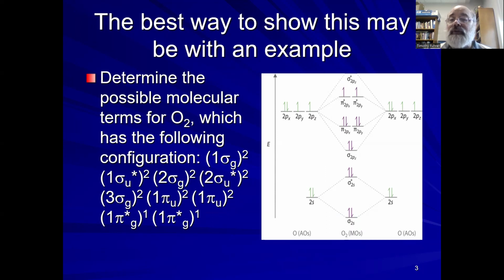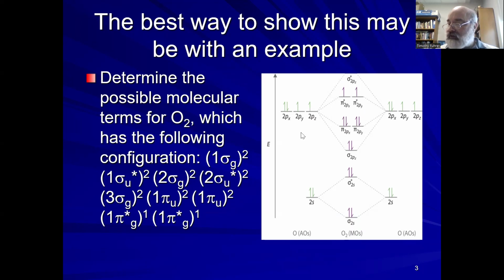I'm sorry, we're dealing with an S equals 1 situation, and 2 times 1 plus 1 is 3. So this is a triplet state, and this is going to be a plus 1 m sub L. This is going to be a minus 1 m sub L. So the total lambda is going to be 0. This is going to be a sigma molecule.